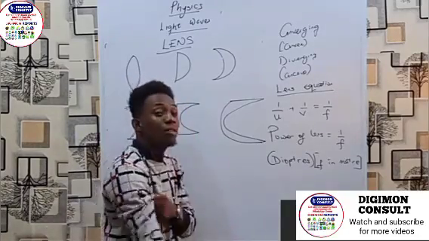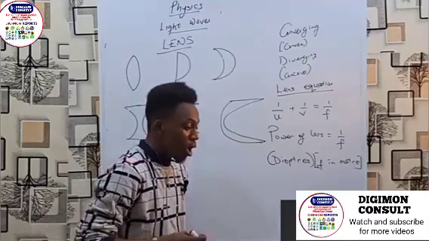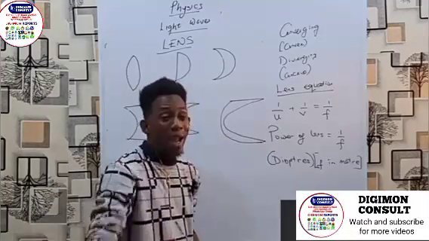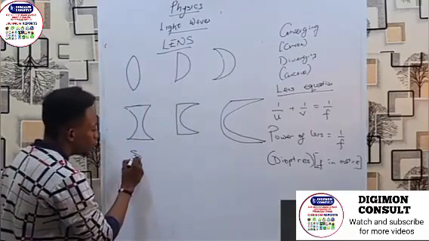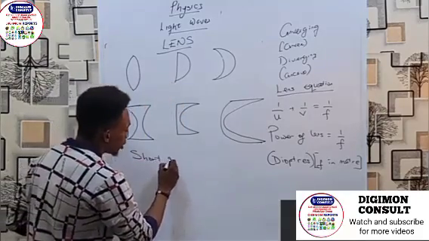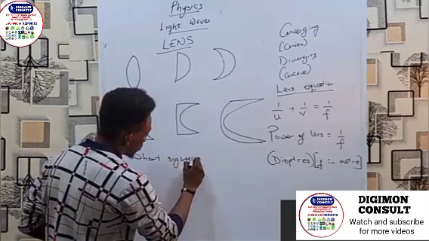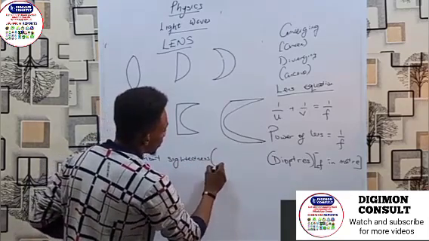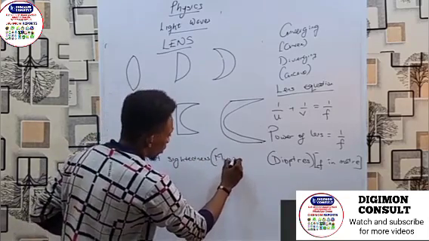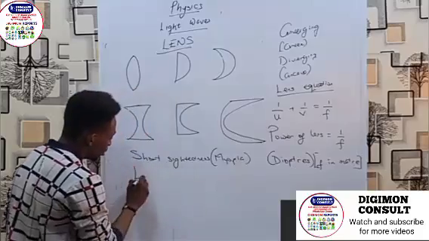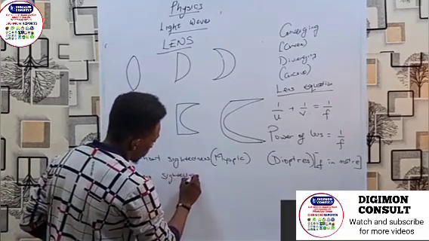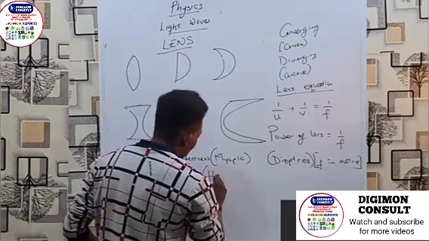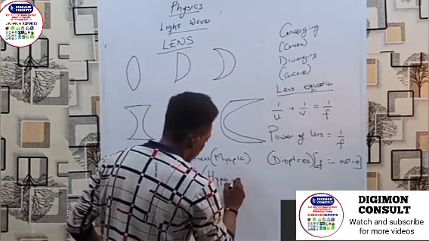Now, however, some people have difficulties with seeing, which is why they typically wear glasses. Now, the common defects of the eye are short-sightedness, which is referred to as myopia, and long-sightedness, which is referred to as hypermetropia.